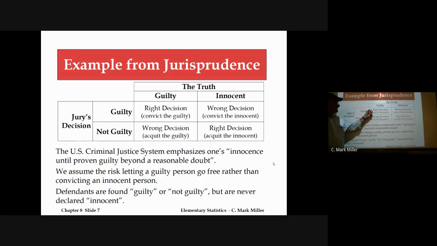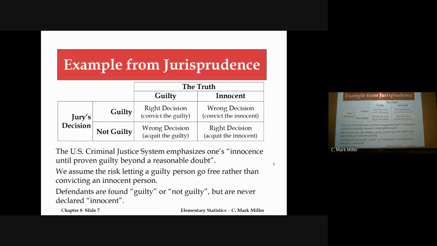If he's guilty and the jury finds him guilty, convict the guilty, that's a proper decision, right? If he didn't do it and he's found not guilty, that's a right decision. You acquitted the innocent.